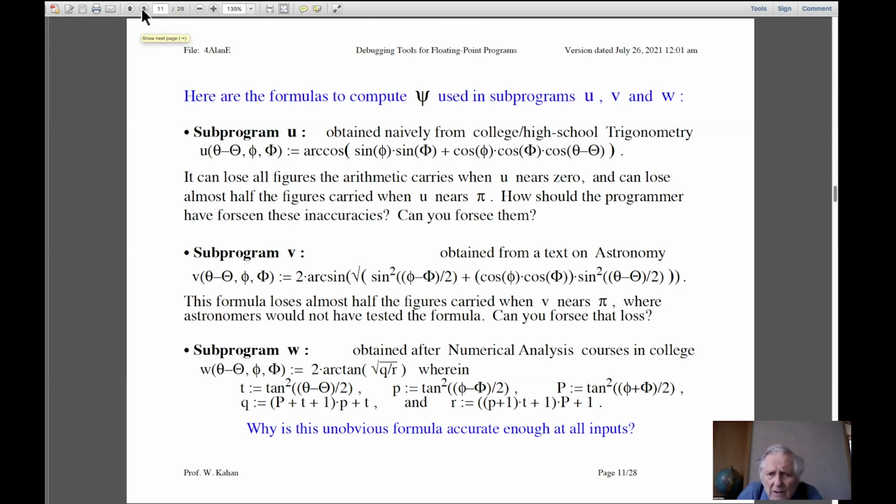Well, it comes from people who have learned something about numerical analysis and have some idea of what causes worse rounding errors. It's possible to prove that the first program can lose all of its digits, the second program V can lose half of its digits, and the third program W can lose only a few digits. That can be proved. So it's nice to know that we get some corroboration.